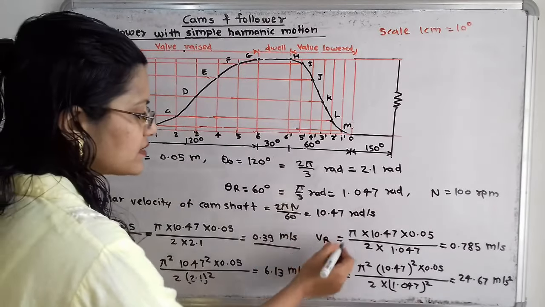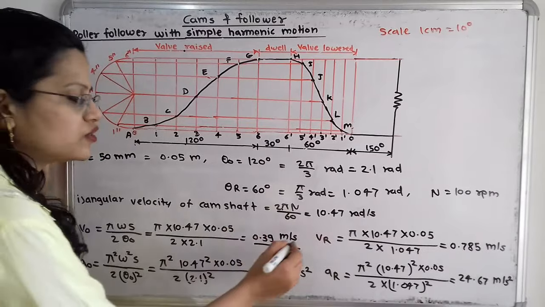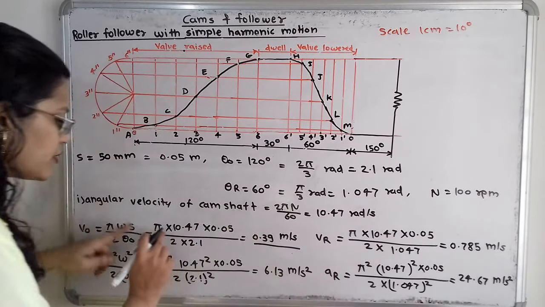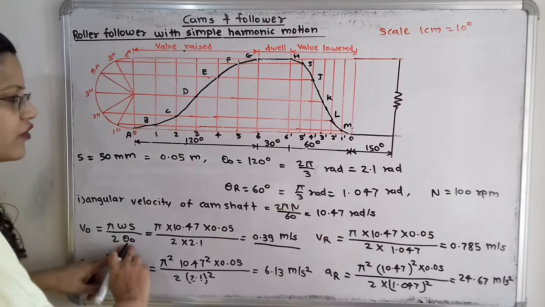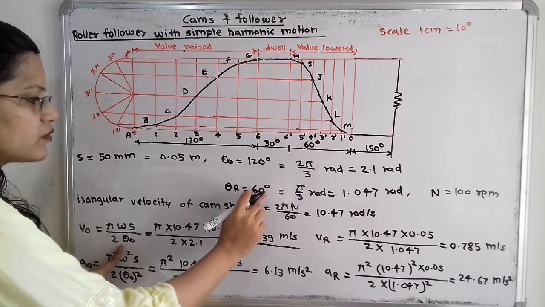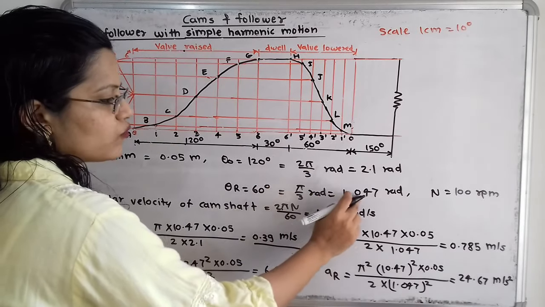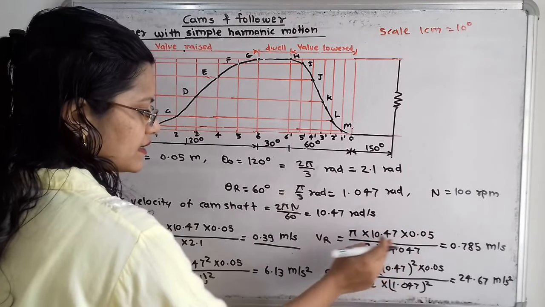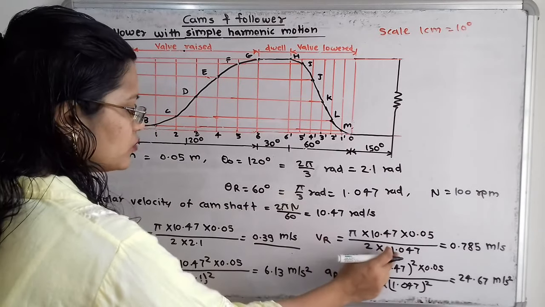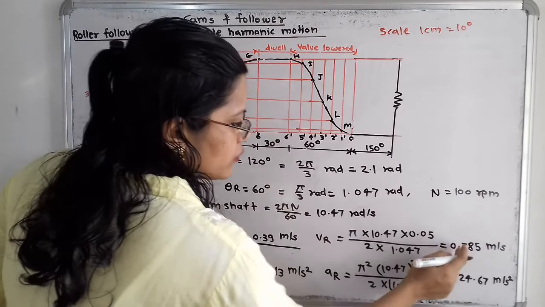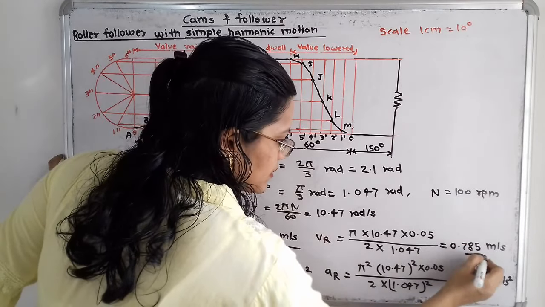Then again, what is the maximum value during return stroke? So V sub r is equal to, again we will use the same formula, but instead of theta O we have to use theta r, that is equal to 60 degrees, that is 1.047. So again pi into omega into s divided by 2 into theta r, which is equal to 0.785 meter per second.